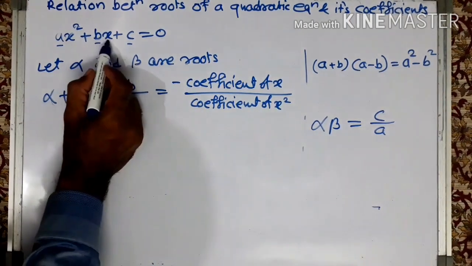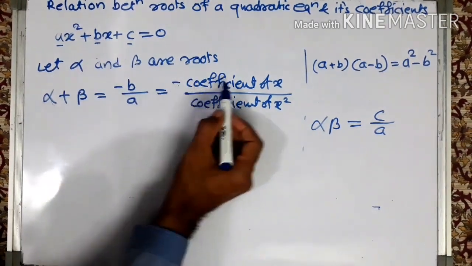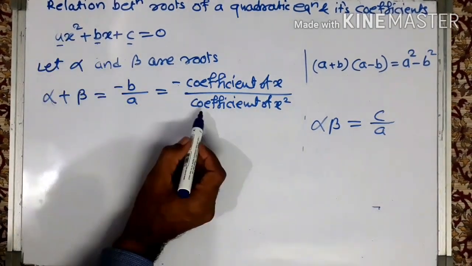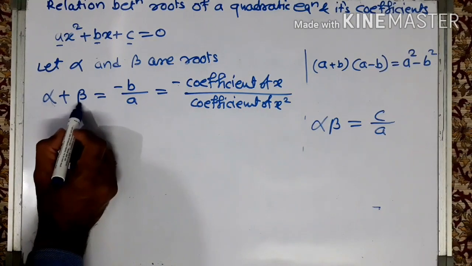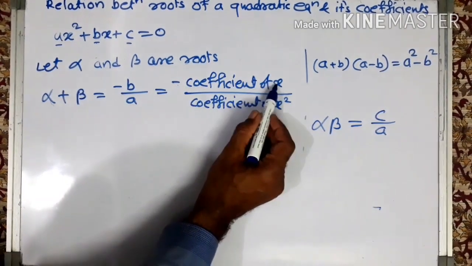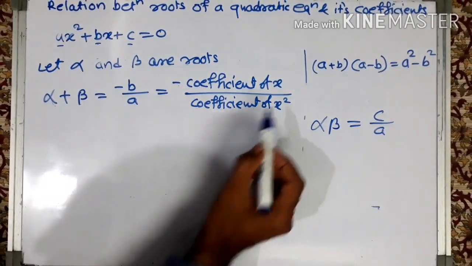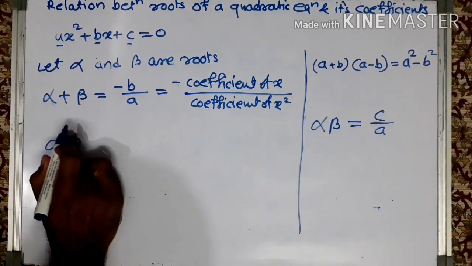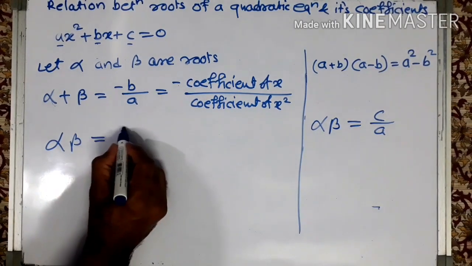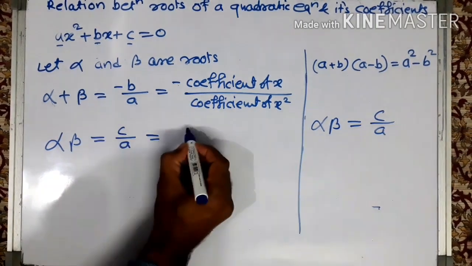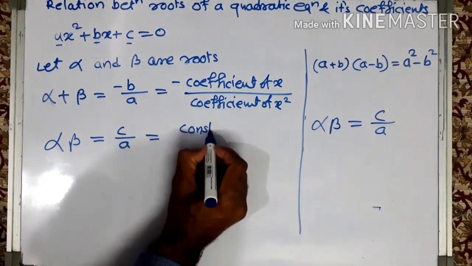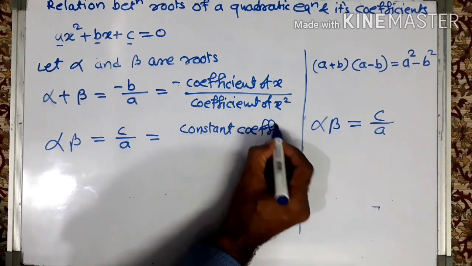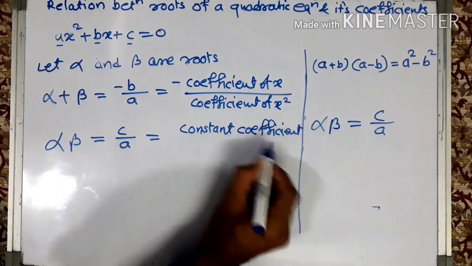Here b is the coefficient of x, so alpha plus beta equals minus coefficient of x upon coefficient of x square. This is the first relation. The second relation is alpha into beta equals c upon a. That means constant term upon coefficient of x square.